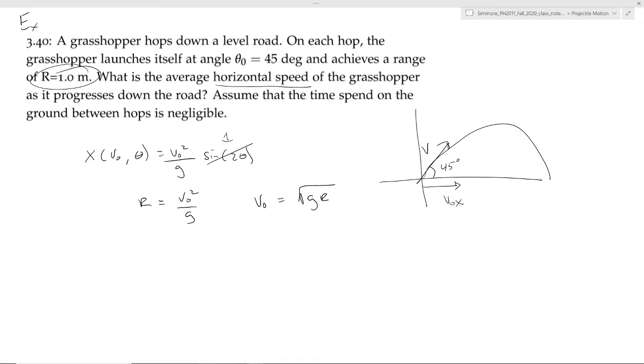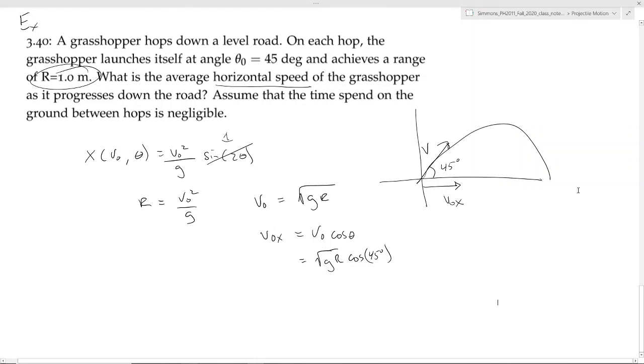But now that we know what v naught is using the range expression, we would get the x part of that. And so we would need to multiply v naught by a factor of cosine theta. And so we would end up with root gr times cosine of 45 degrees.